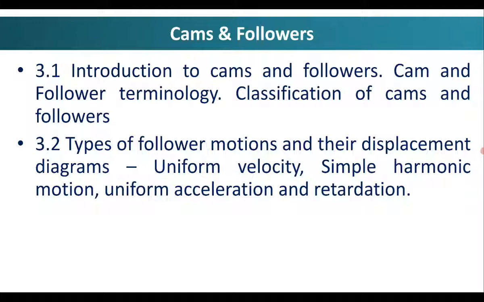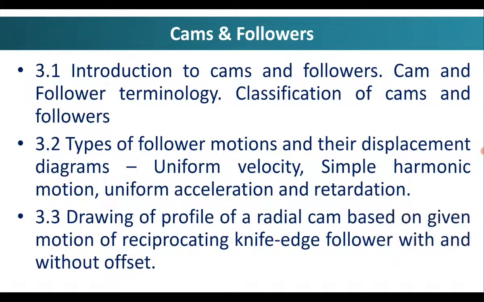In case of 3.2, the information is related to types of follower motions and their displacement diagrams. These diagrams are based on uniform velocity, simple harmonic motion, uniform acceleration and retardation. Point number 3.3 is drawing of profile of radial cam based on given motion of reciprocating knife edge follower with and without offset.